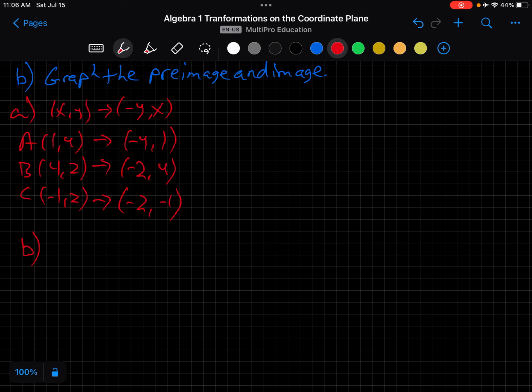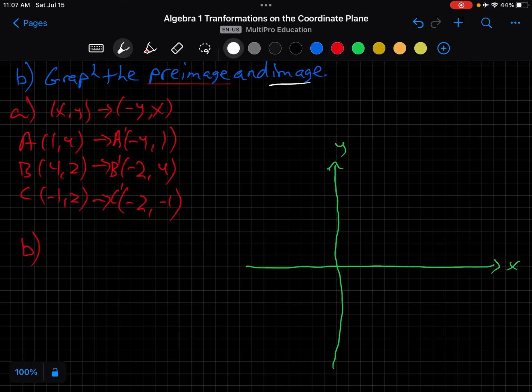Part B. We got to graph the preimage and the image. Okay. Man, those are really squirrely vertical lines. X-axis, y-axis. All right. So let's find point A. Oh, I meant to mention that this is A prime, B prime, and C prime. Okay. So in red, what we're going to do is draw the preimage. And then in white, we will draw the image.